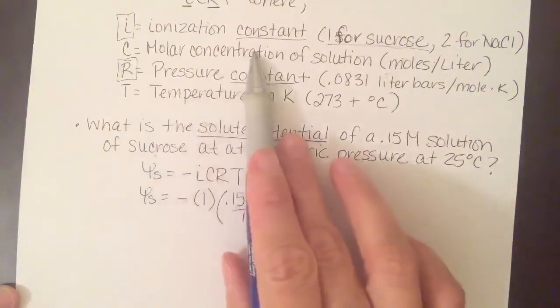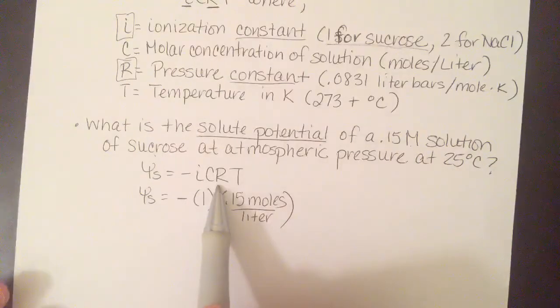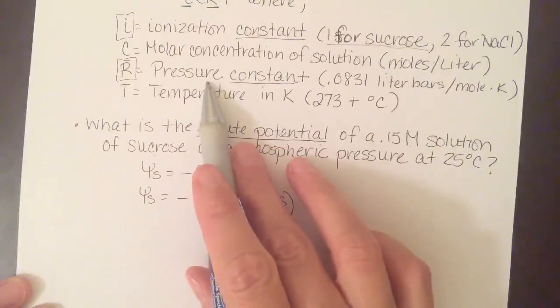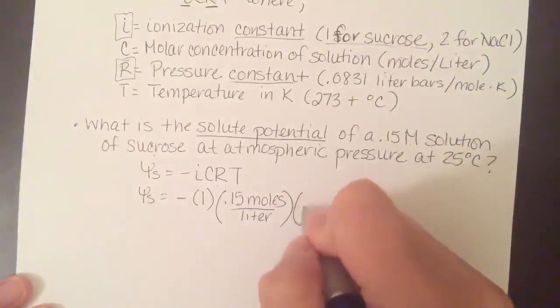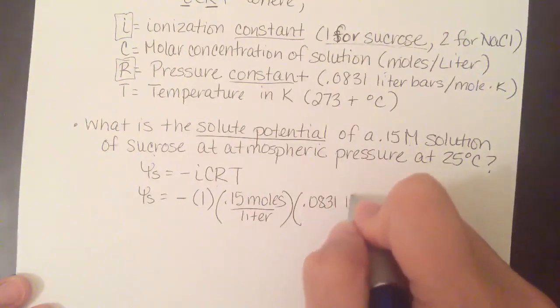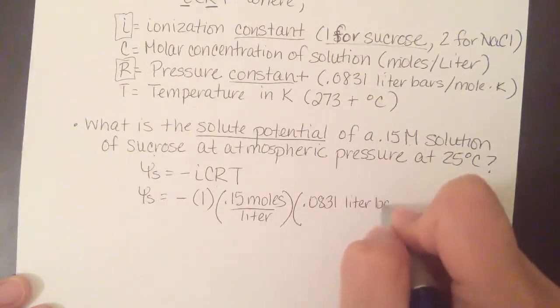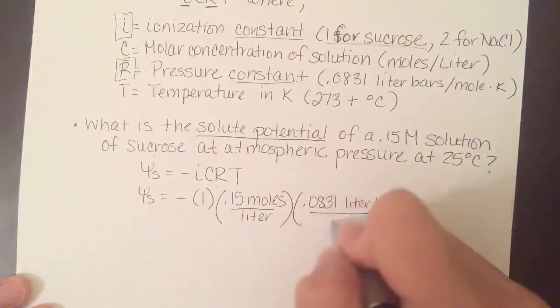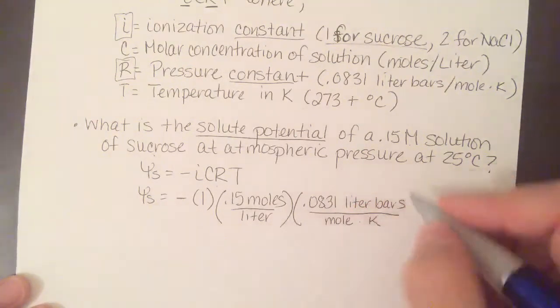So that's my C. Then I have my R. R is my pressure constant. This is always going to be the same. So let's write that: 0.0831 liter bars per mole Kelvin.